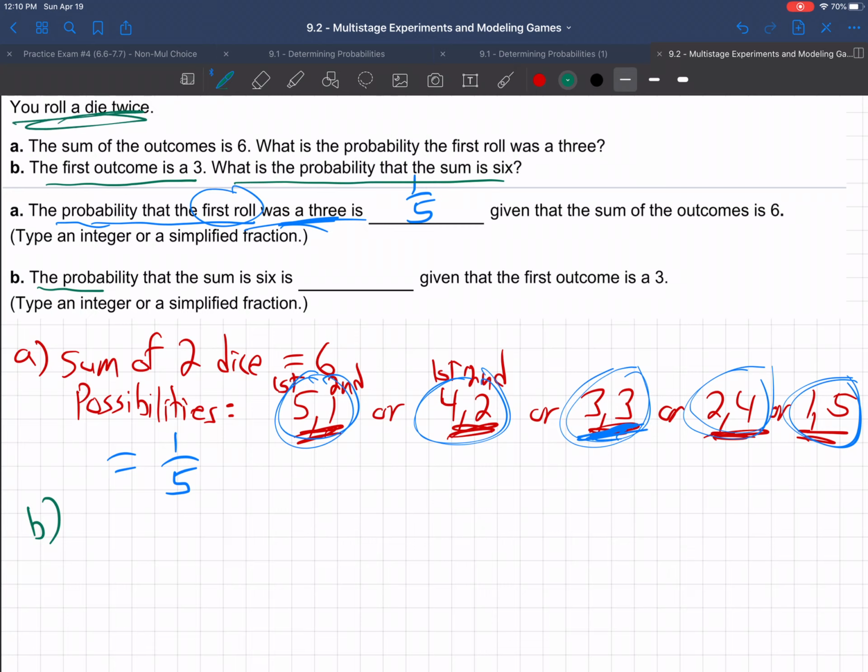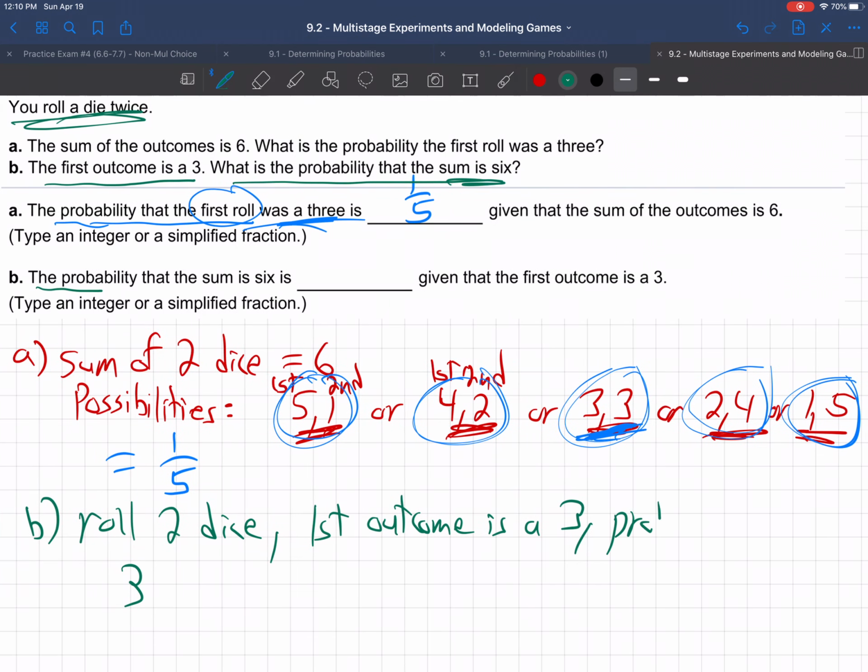You rolled 2 dice, and the first outcome is a 3. So you got a 3 on the first die. And then they're asking, what's the probability the sum is 6? Probability the sum of both equals 6, right?